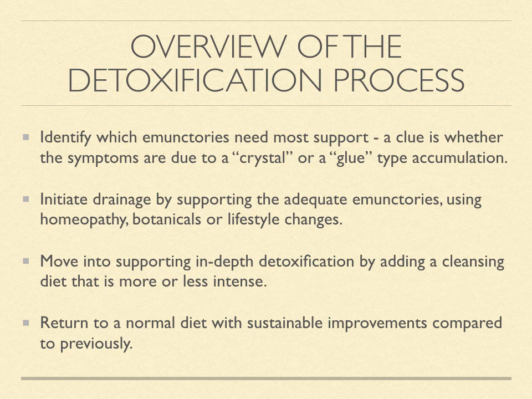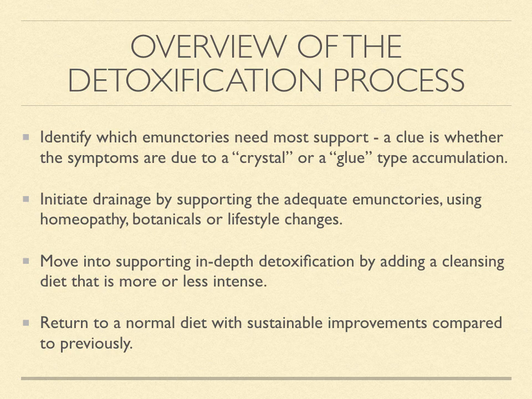And when you see that the emunctories are all right, meaning the person's bowel movements are a little bit better, maybe they have less mucus accumulation in their respiratory system, or their energy levels are a little bit better, you may want to move into supporting more in-depth detoxification mechanisms by adding a cleansing diet that is more or less intense depending on the vitality and general state of the person.